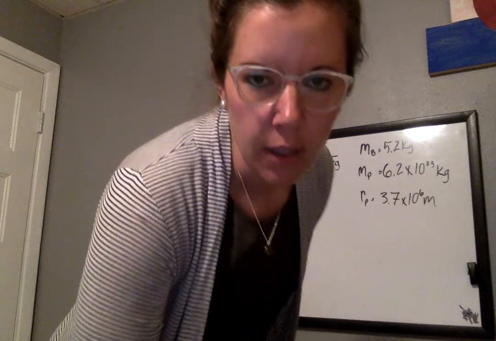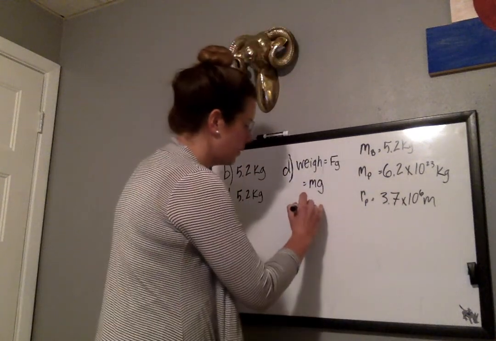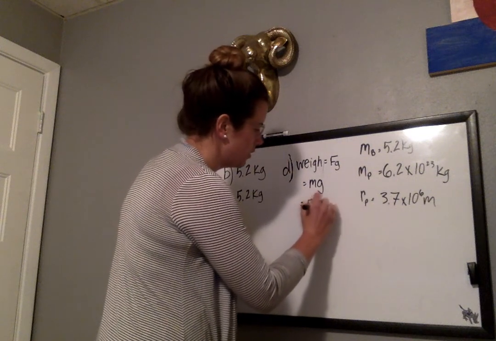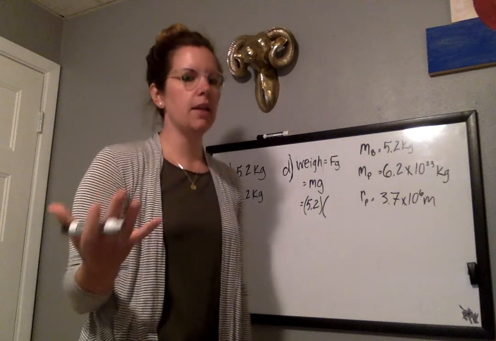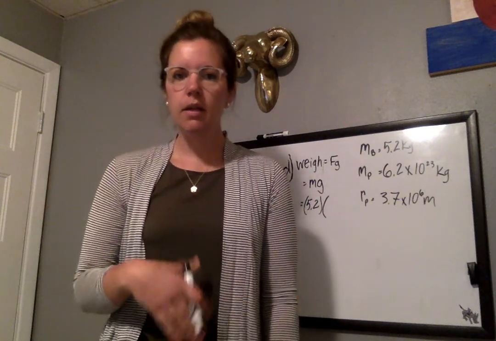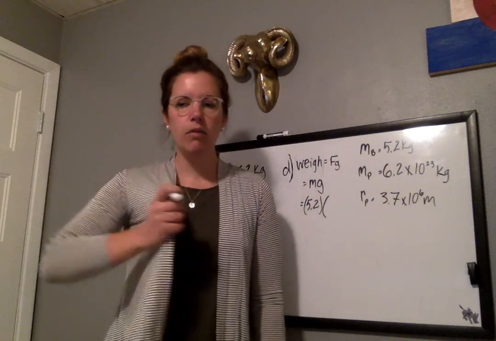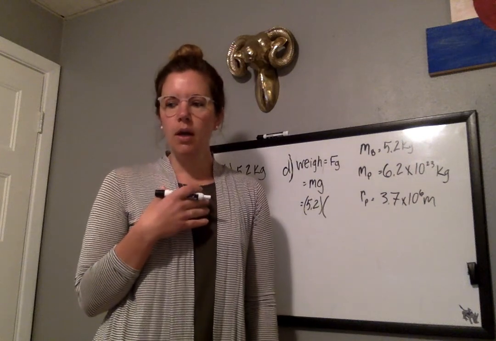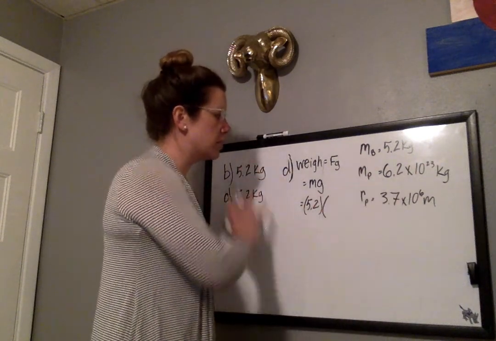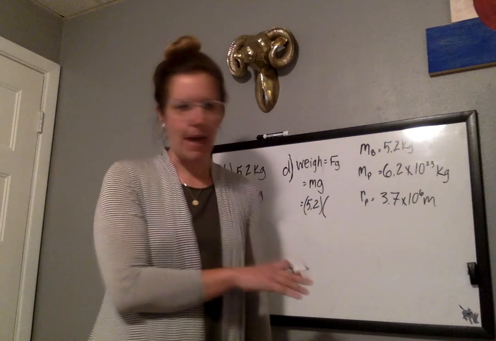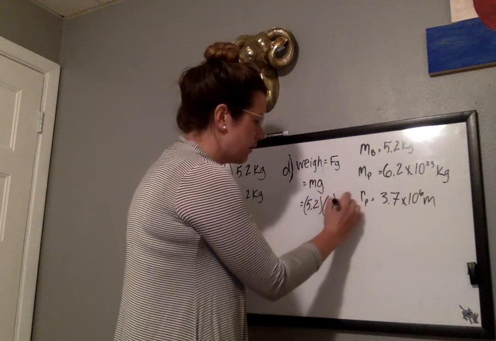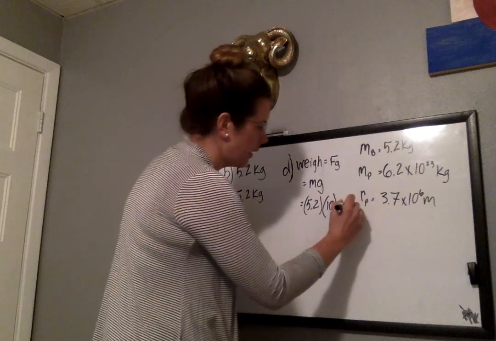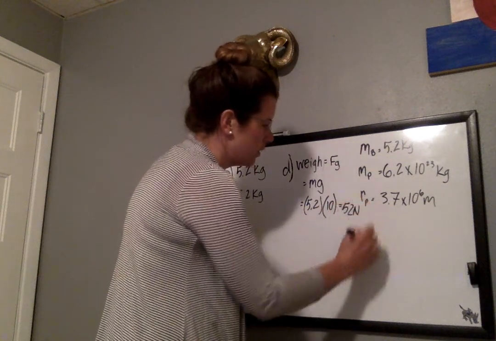Part D, on Earth, we know the mass is 5.2. Acceleration due to gravity on Earth is 9.8 or 10. You can use either. On the AP Physics test on May 14th, they're not going to test your ability to do math. If you use 9.8 or 10 here, it doesn't matter. I'm going to use 10 for simplicity, so I can do that in my head. That is going to be 52 newtons.